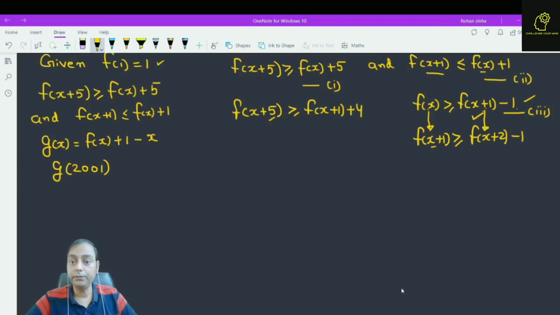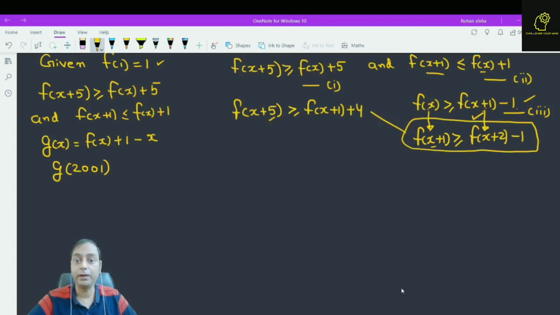Putting the value of f(x+1) greater than or equal to f(x+2) - 1 in this equation, we find f(x+5) is greater than or equal to f(x+2) + 3.